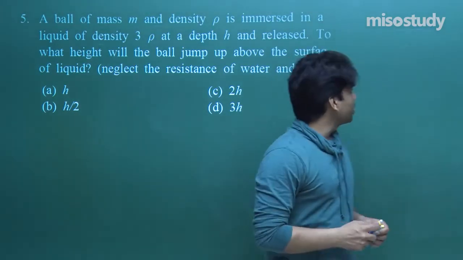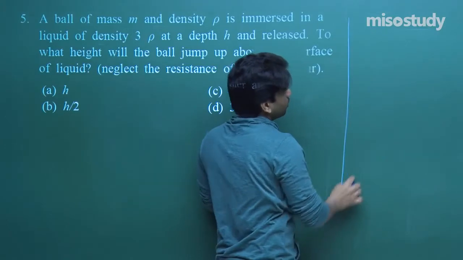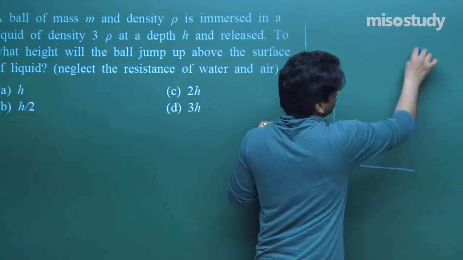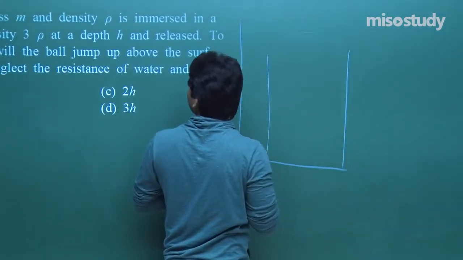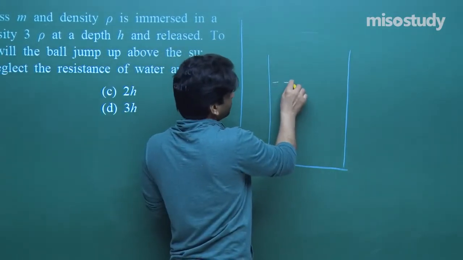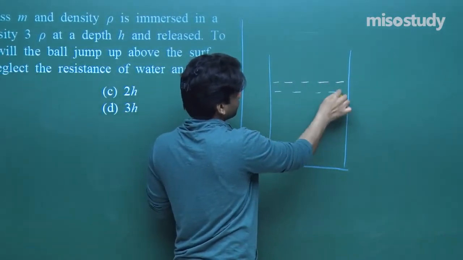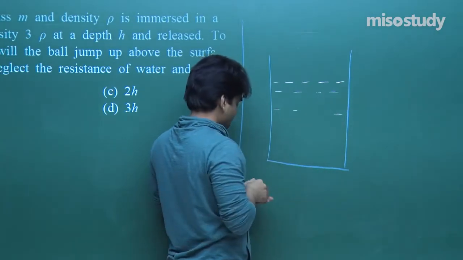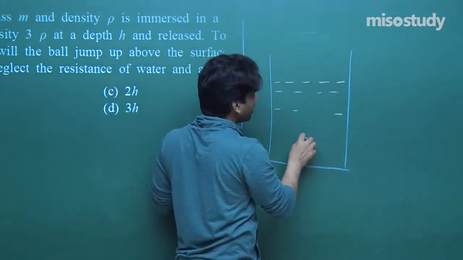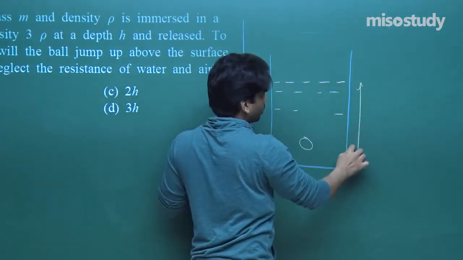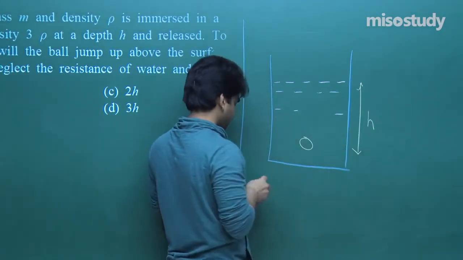Very good question. You see here, you have a liquid and its density is given as 3 rho. And in this liquid we have taken a ball to a height h.